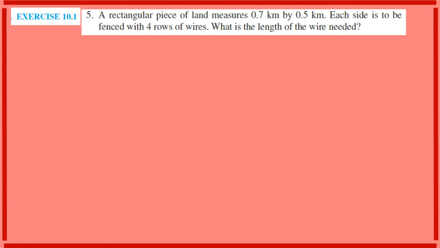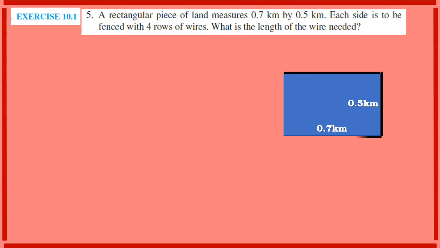Next, question 5. A rectangular piece of land measures 0.7 kilometer by 0.5 kilometer. Each side is to be fenced with 4 rows of wires. What is the length of the wire needed? So this is our rectangular field and it has to be fenced with 4 rows of wire.